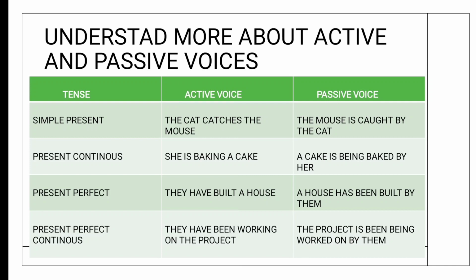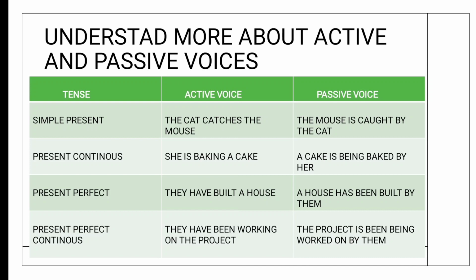The project has been, and whether it is present tense, past tense or future tense, if it is a continuous tense, we have to add being. Okay, being. So this is the project has been being worked. Here we have working, which is V1 plus ing form.